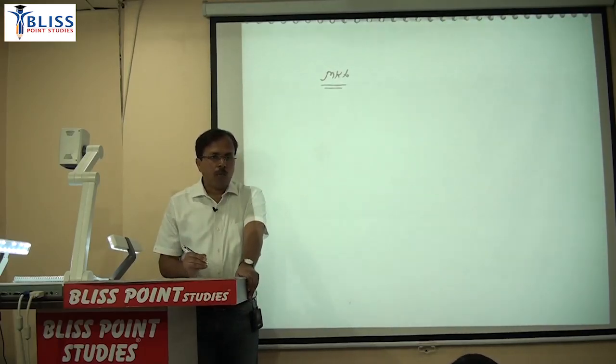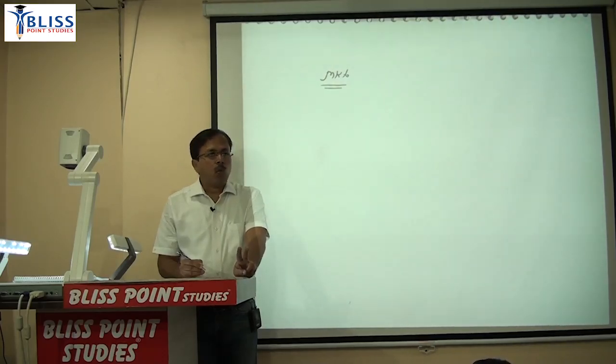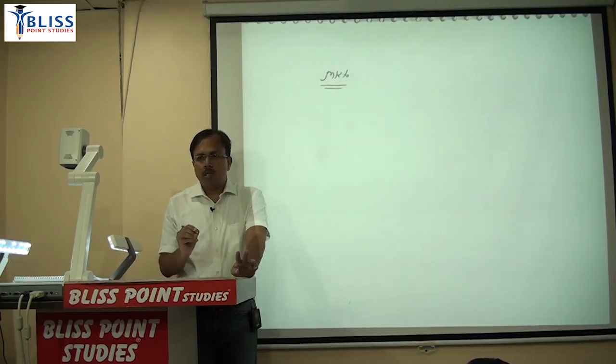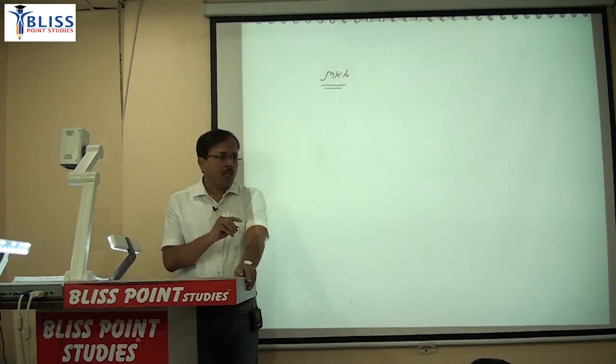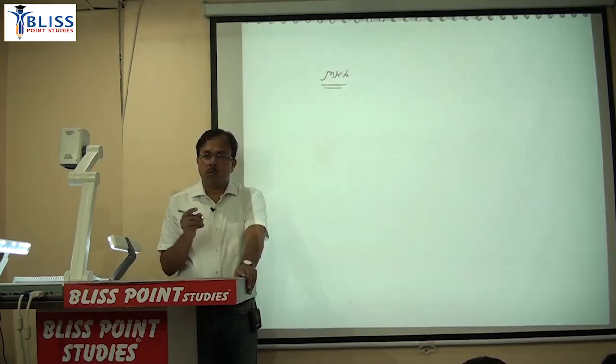If there is only one seller, the market is monopoly. If there are two sellers, the market is duopoly. If there are more than two but not large in number, a few sellers, then it is oligopoly. And if there are a large number of sellers plus the product is homogeneous, then it is perfect competition. So we are classifying markets based upon the number of sellers.